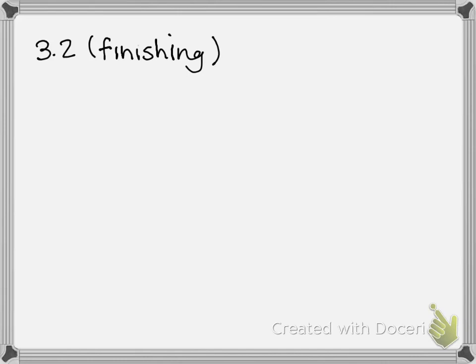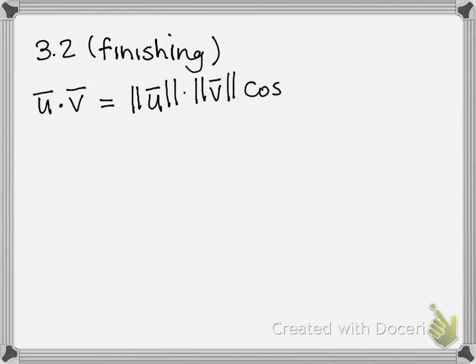So the dot product of two vectors u and v, which I'm going to write u dot v, is defined to be the norm of u, which is just the length of u, times the norm of v, which is of course just the length of v, times the cosine of theta, where theta is the angle between u and v.